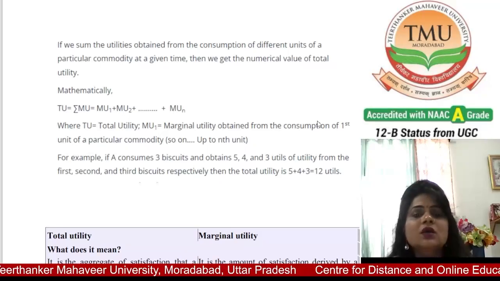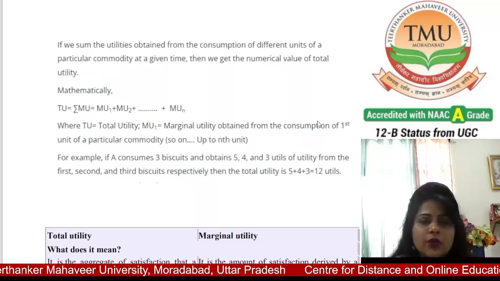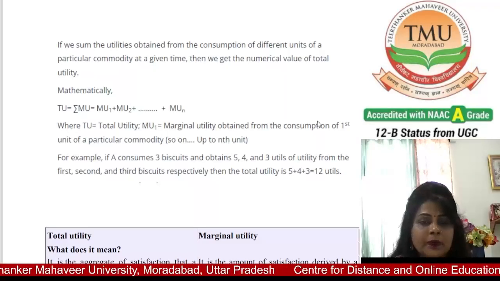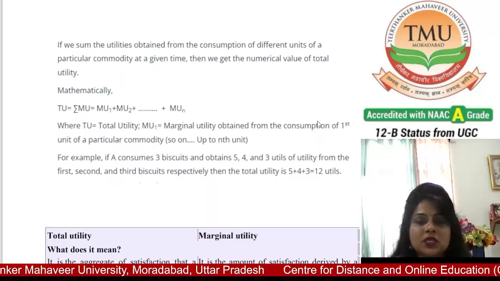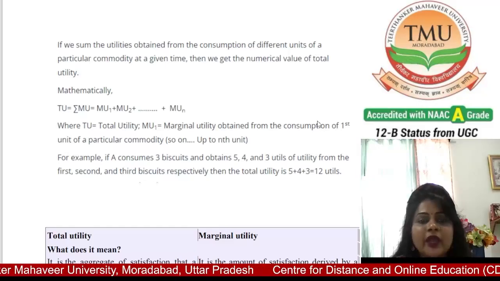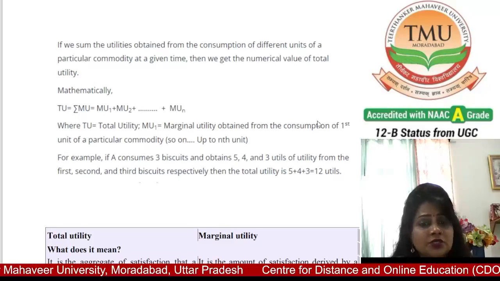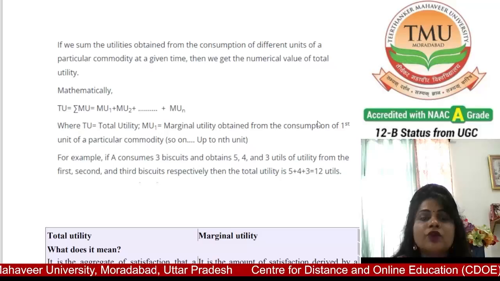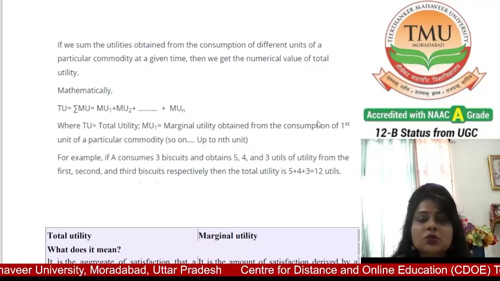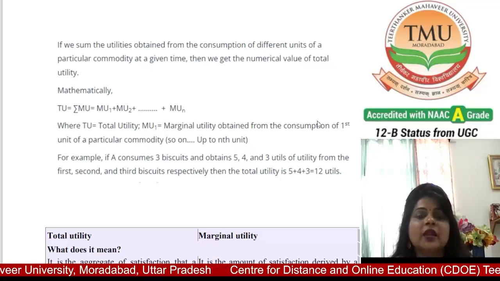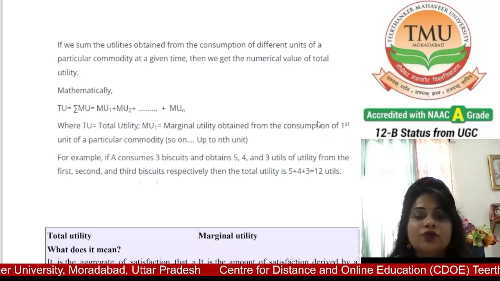For example, if a consumer is presented with two purchasing options with the same financial cost, and neither option is more necessary or functional than the other, the consumer will choose the good or service that provides the most utility for the money.